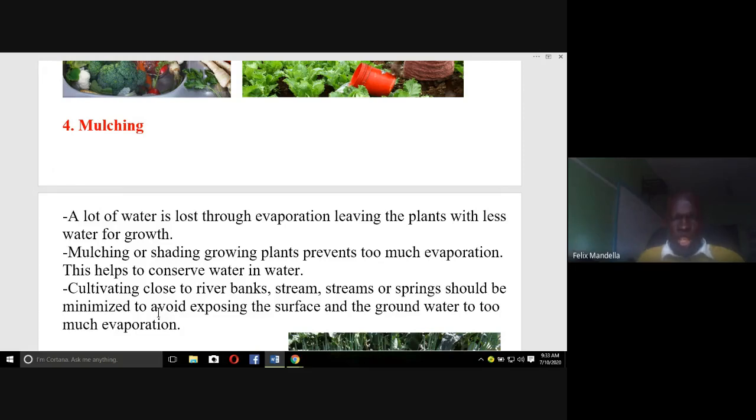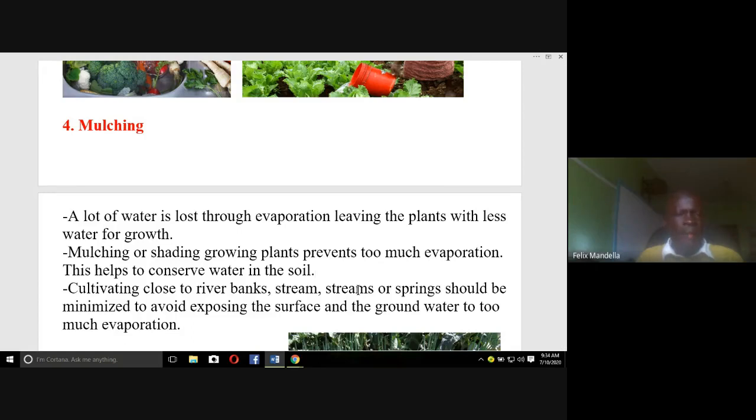So mulching or shading prevents too much evaporation. This helps to conserve water in the soil.